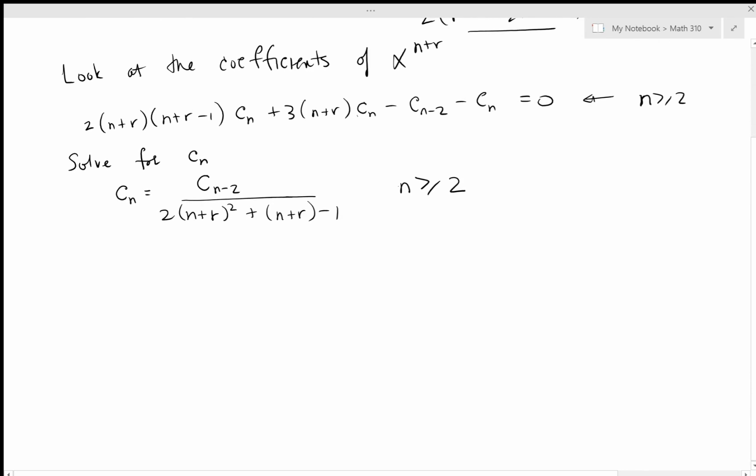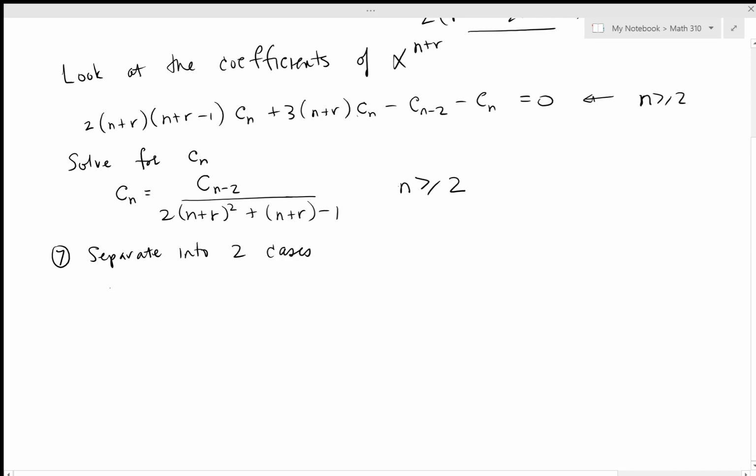Okay, so far I've done all this work and I have not said which value of r I am talking about. Now I'm going to separate into the two cases. So I managed to do quite a bit of work without having to separate into the two cases. So step 7, separate into two cases.